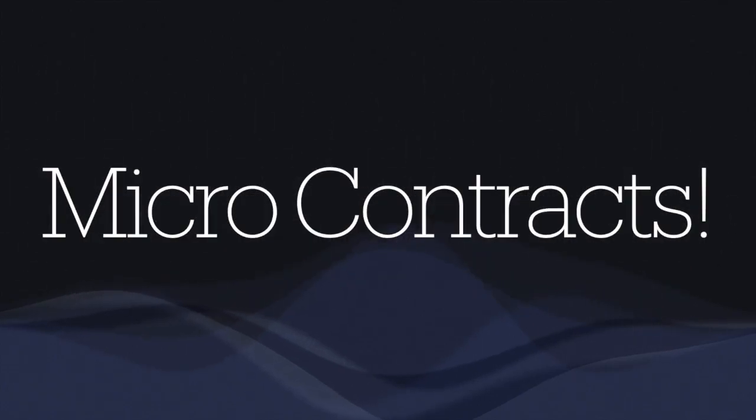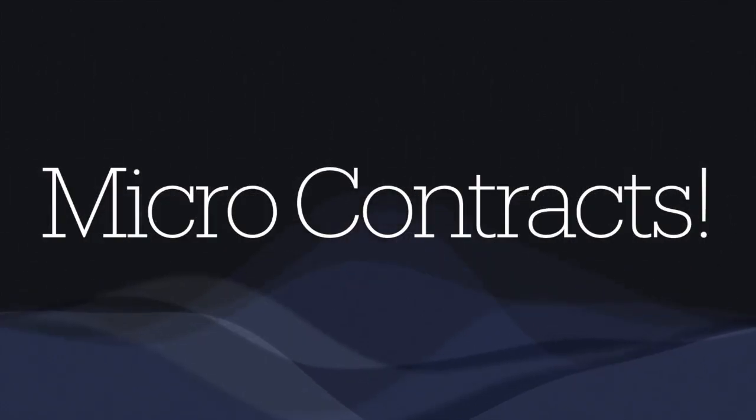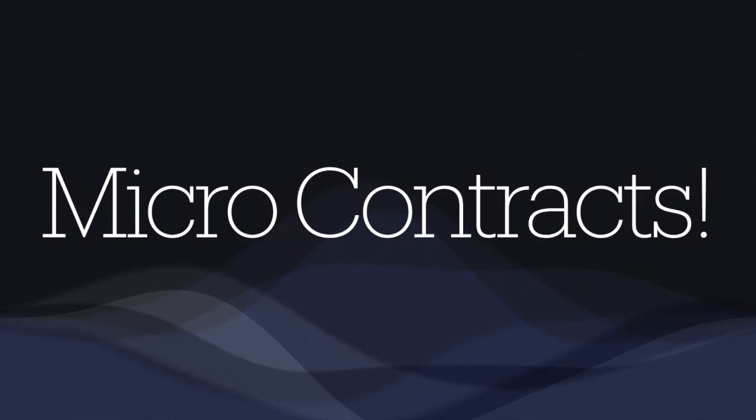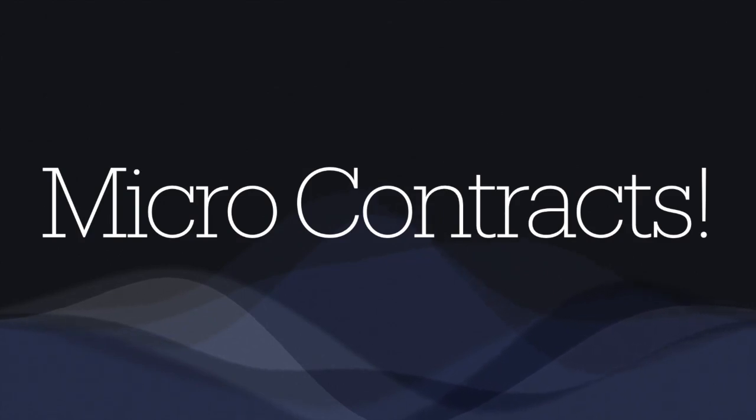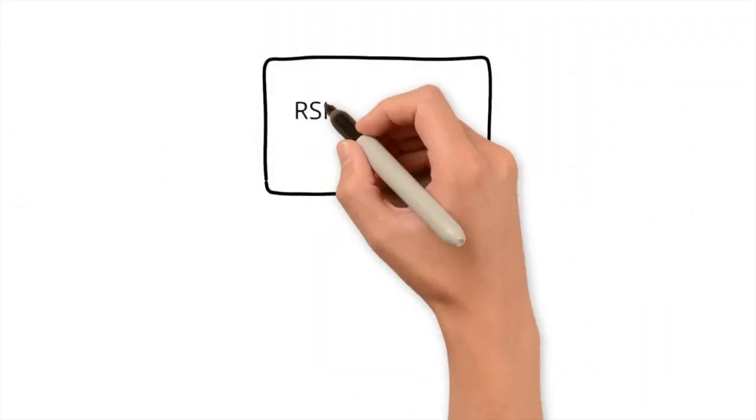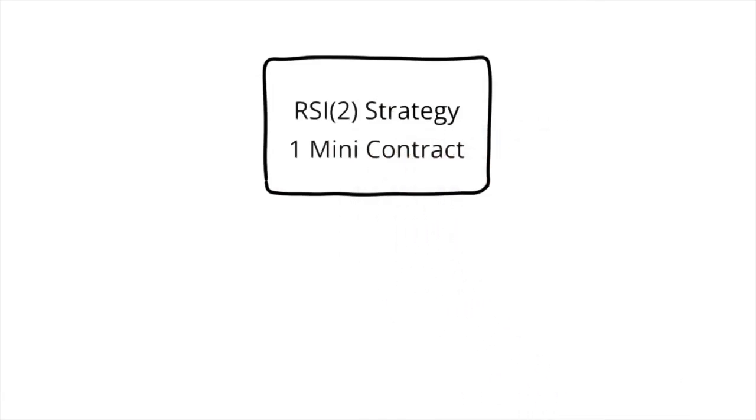Here's what makes this approach so powerful today: micro contracts. Traditional futures contracts, even the E-mini contract, often require significant capital to trade. But micro contracts, at 1/10 the size of the E-mini, create an opportunity to rethink our approach. Let's say you were planning to trade one E-mini S&P 500 contract with your two-period RSI strategy.